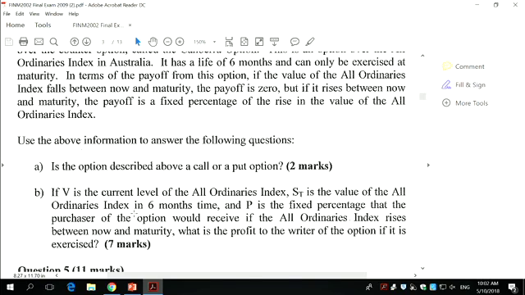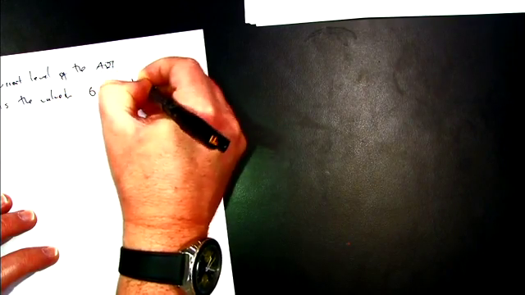Okay, so V equals the current level of the All Ordinaries Index. ST, yep. ST is the value in 6 months' time. So I just got that.